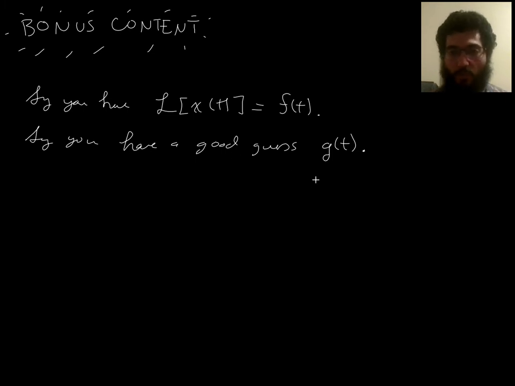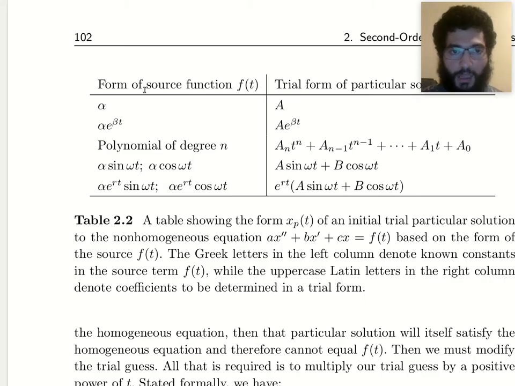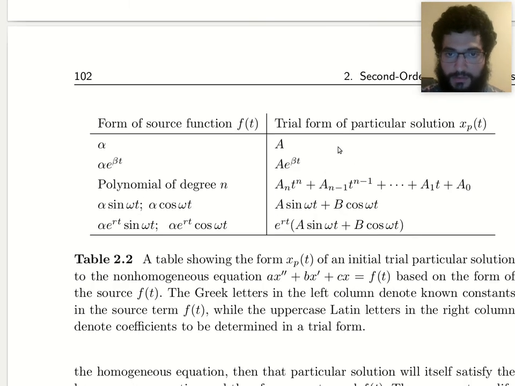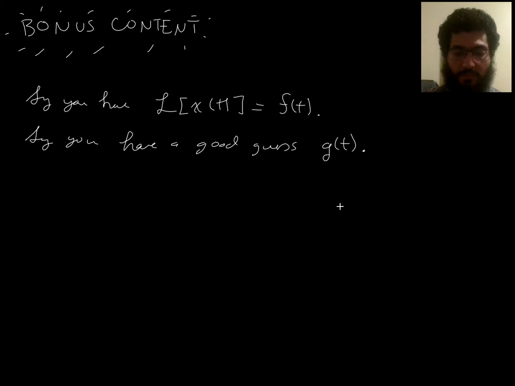So let's focus on one good guess at a time. So let's say you have a good guess, g of t. So by good guess, I mean like the guesses suggested in this table here. And let's suppose you run into this problem that I was mentioning.